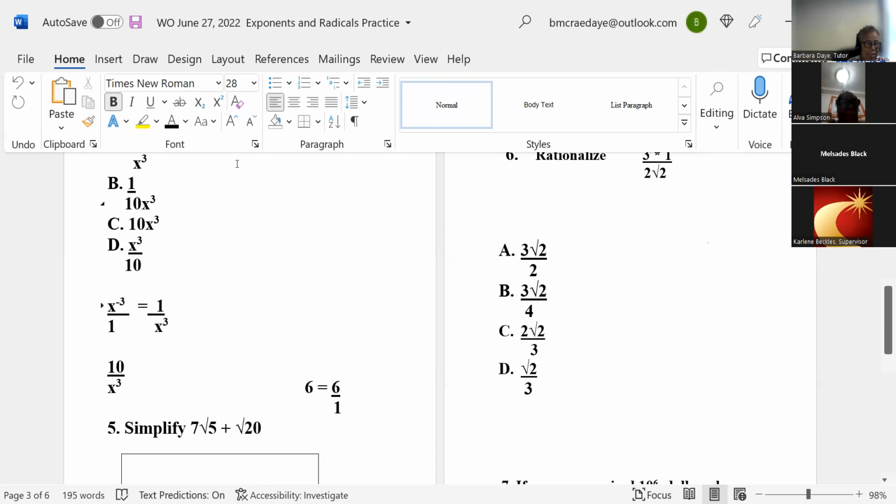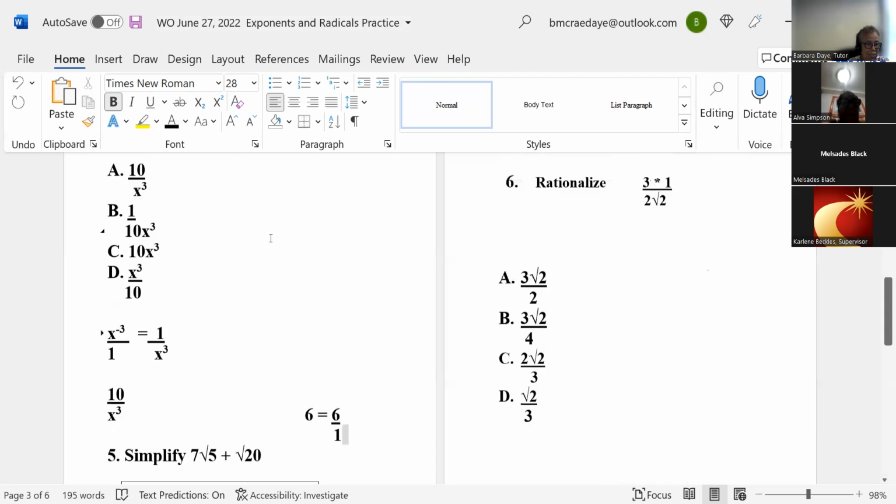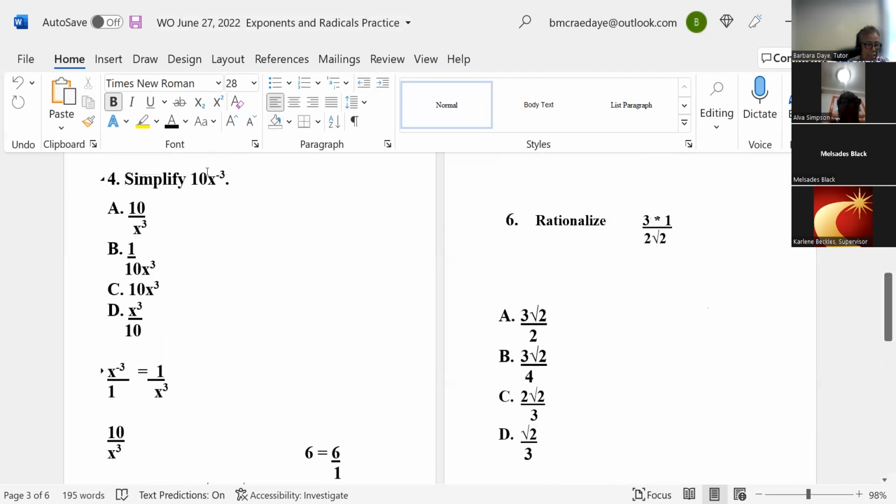I pulled out the x to the minus 3 that went with the 10 and made it x to the minus 3 over 1 to show you the rule that when you have a negative exponent, it becomes the reciprocal, or the flip, of the positive. So for you to really understand it, that's why I put the 1 here.